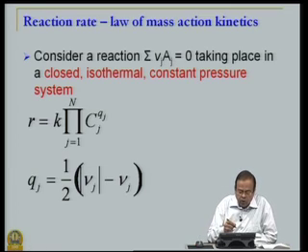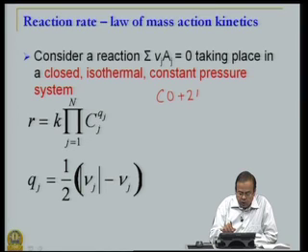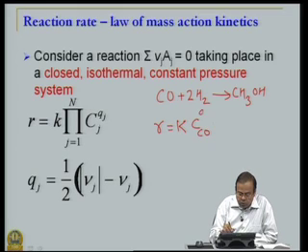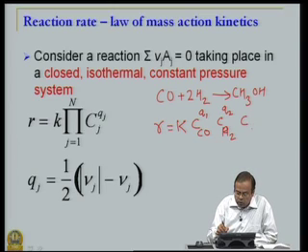To give you an example, and this is just an illustration, not real kinetics. Going back to our methanol synthesis, if we have a reaction such as CO plus 2H2 gives rise to CH3OH, our general power law kinetics can be rate equal to K, some kinetic rate constant, times concentration of CO raised to Q1, concentration of H2 raised to Q2, and in general concentration of methanol raised to Q3.